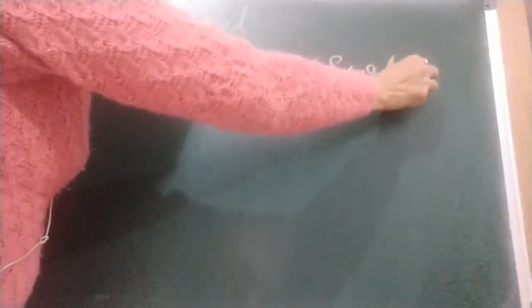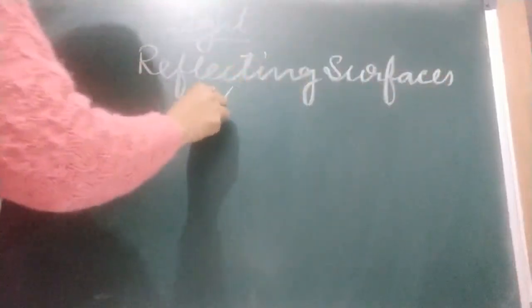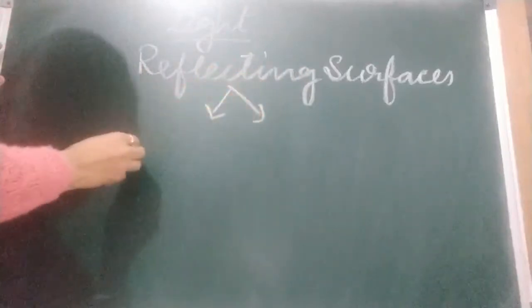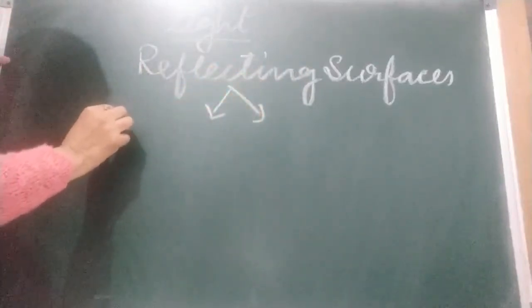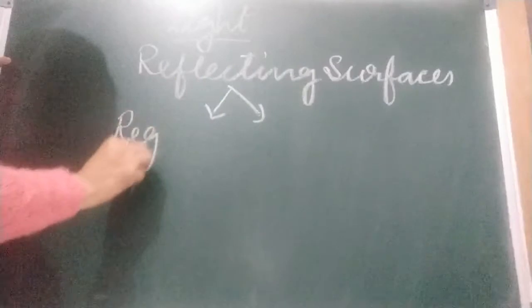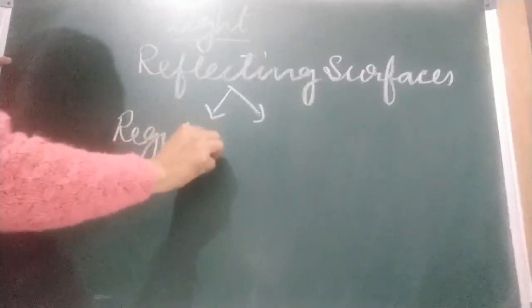Now children, I am going to tell you about reflecting surfaces. Reflecting surfaces are of two types: regular or smooth.